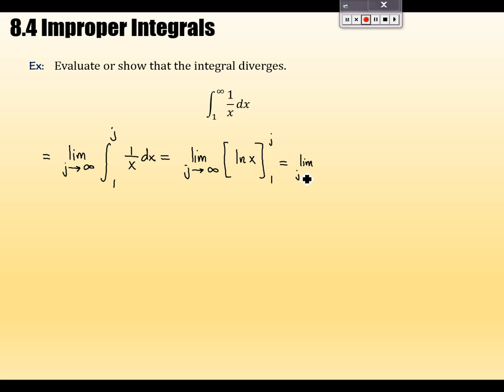So we can be a little cavalier. All right, so ln j minus ln 1. Yeah, there's a 1 on the bottom because, like, I told you so. What's ln 1? I like that one. That's 0. What's ln of infinity, though? So this is 0, but this is infinity.